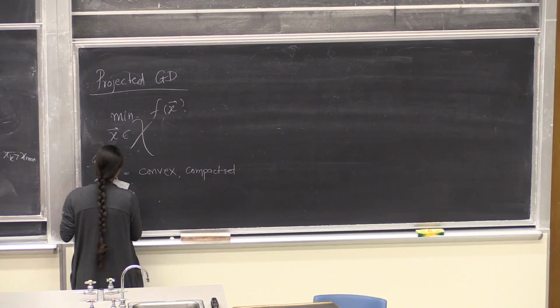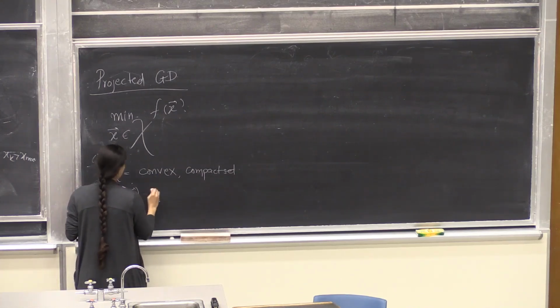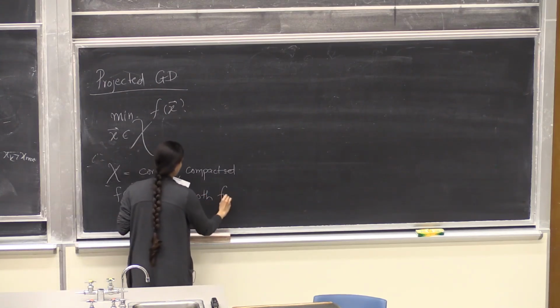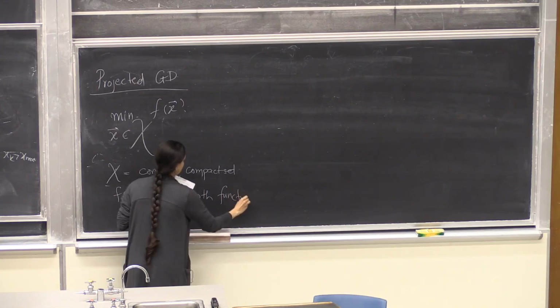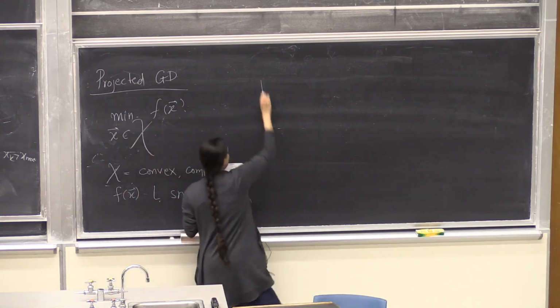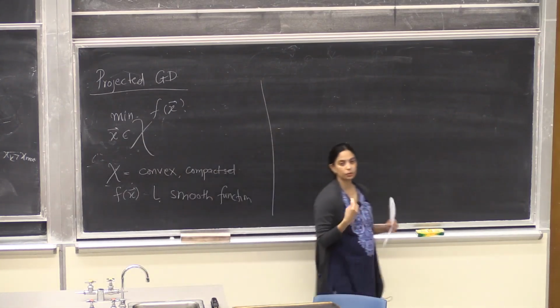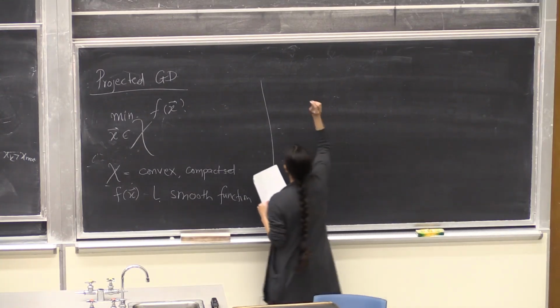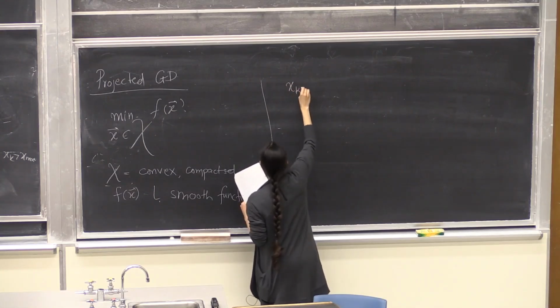And I'm going to consider f(x) to be an L-smooth function. Then you can basically do what is called projected gradient descent.